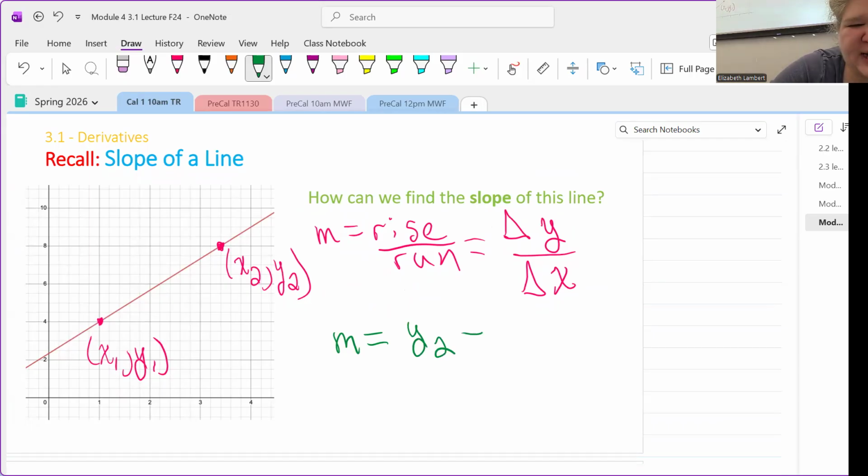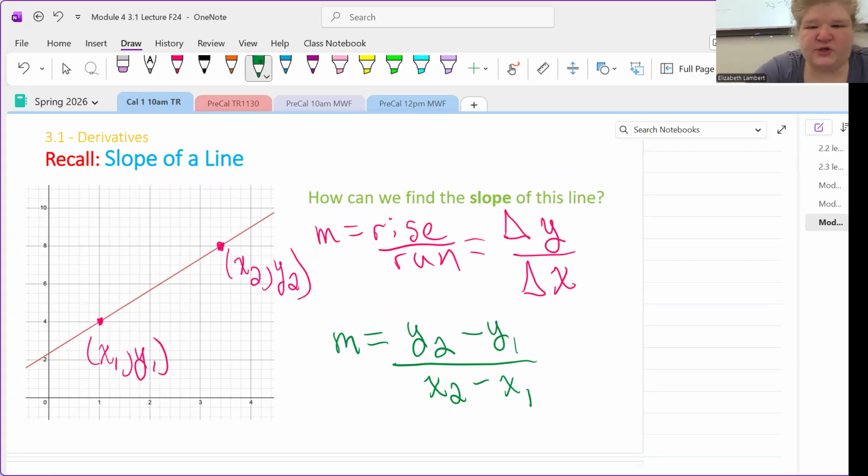So we usually do y2 minus y1, all divided by x2 minus x1. So there's our change in y's over change in x's.